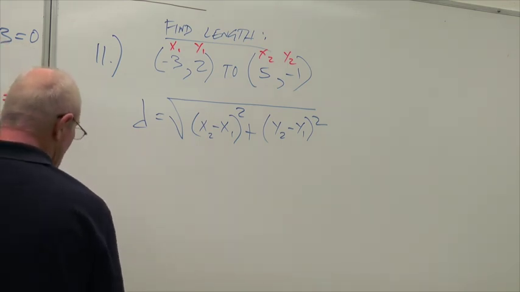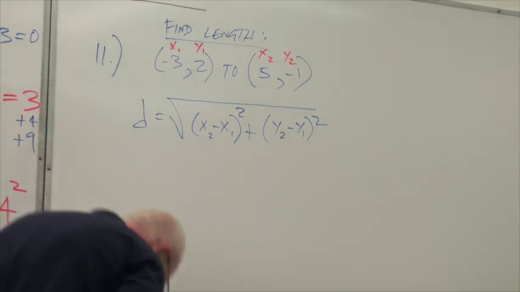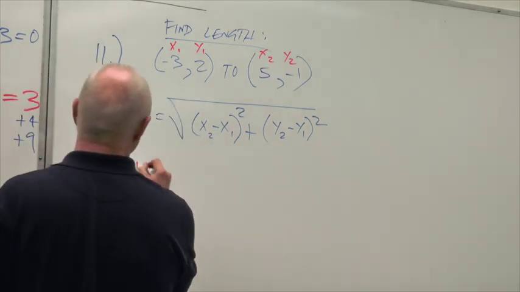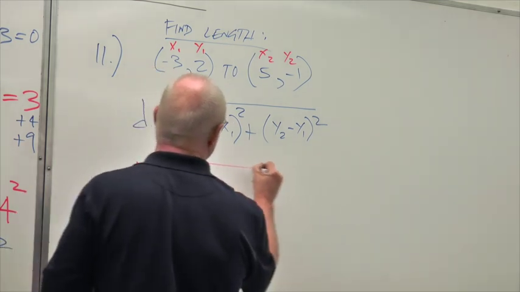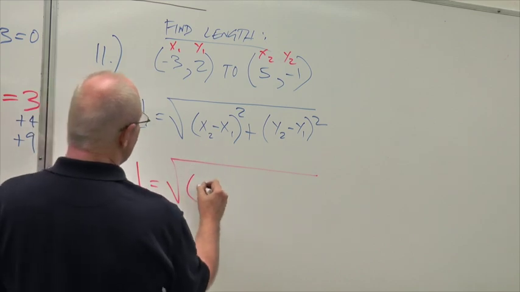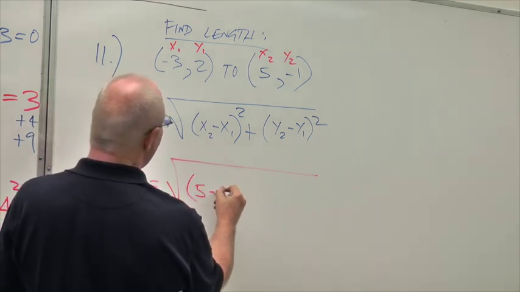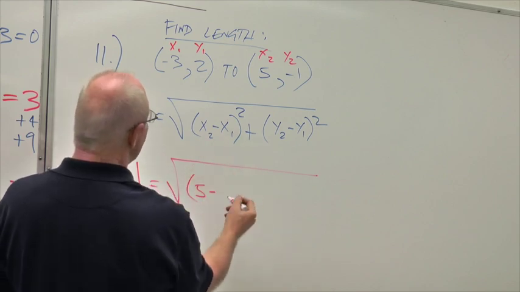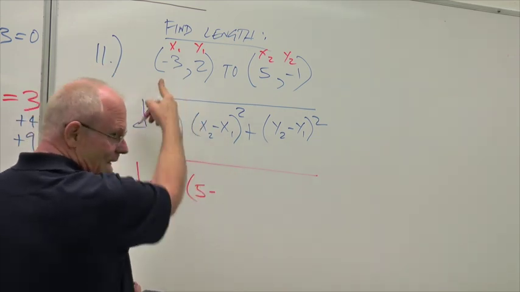Okay, so it's plug-in time, guys. So the distance is equal to what? Square root of, careful when you plug in, right? x2, what's x2? 5 minus, the negative sign is part of the formula, x1, what's x1? Negative 3.